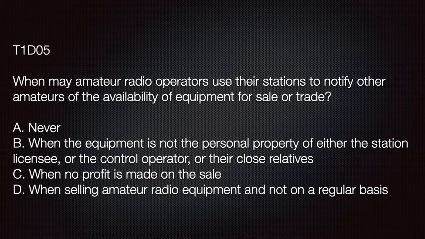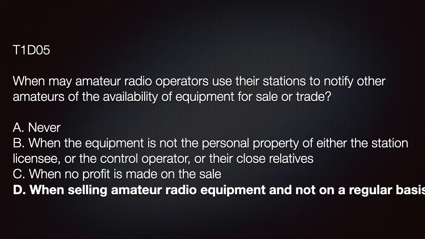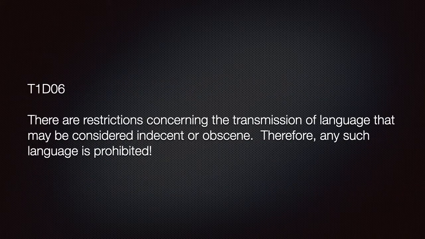D. When selling amateur radio equipment is not on a regular basis. Did you answer D? If so, wonderbar. If not, don't give up. You can do this. I have confidence in you.